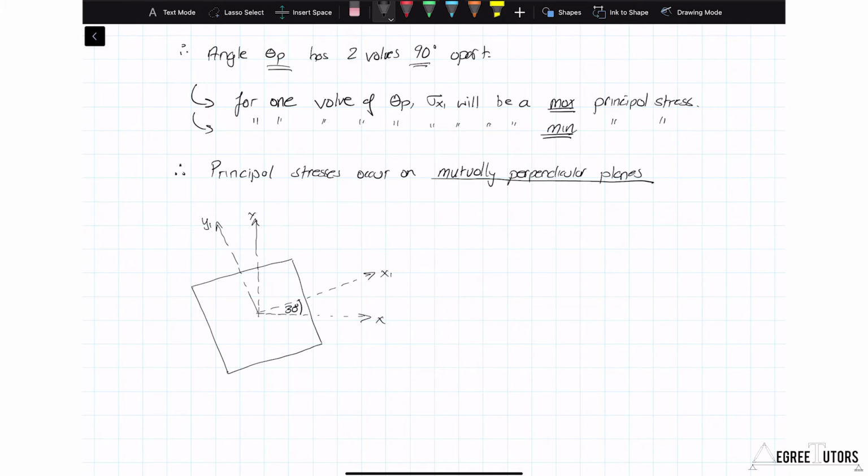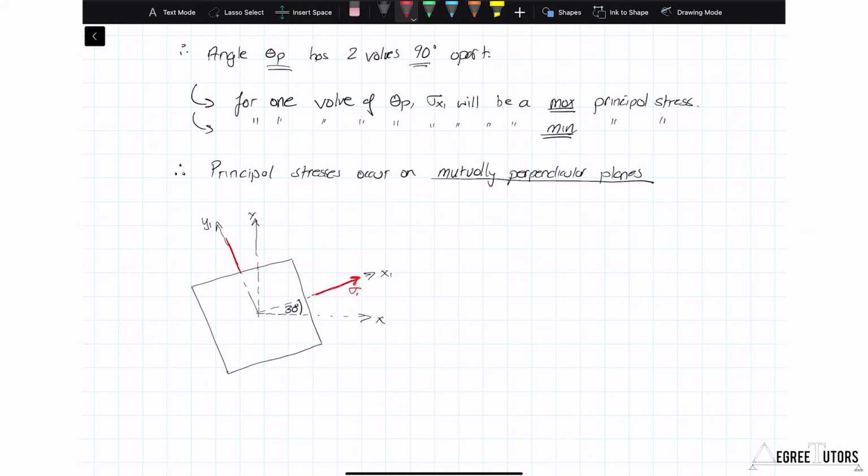What that graph has told me is that on a face orientated at 30 degrees, I'm going to have the maximum value of normal stress, and we typically call the maximum value sigma 1. Okay, so that's going to be the maximum principal stress. And then we said at the same time, on a plane orientated a further 90 degrees around, so let's say 120 degrees, I'm going to have the minimum value of stress.